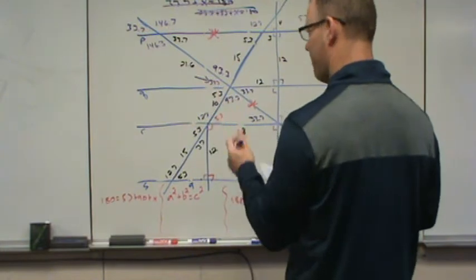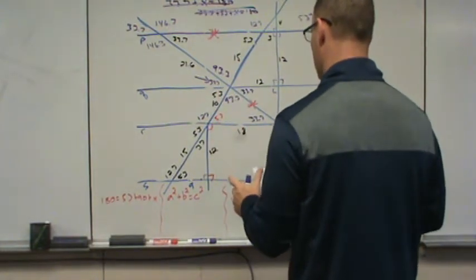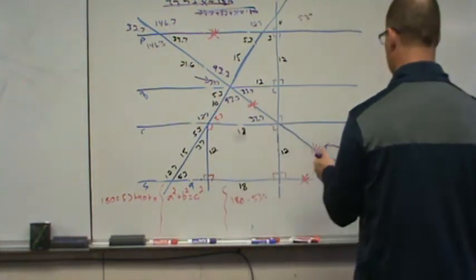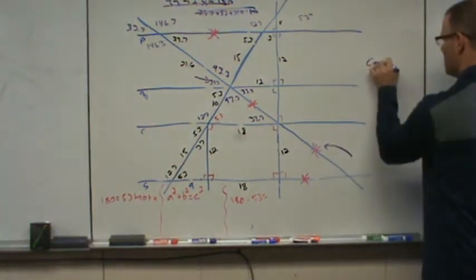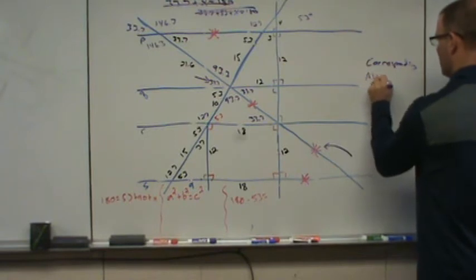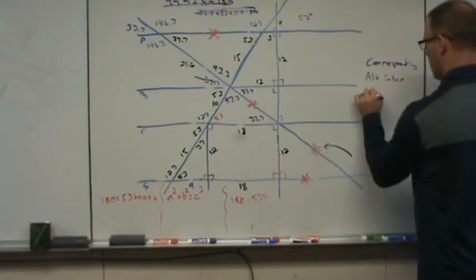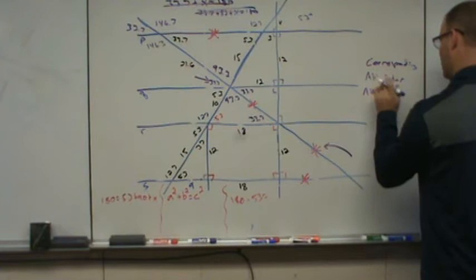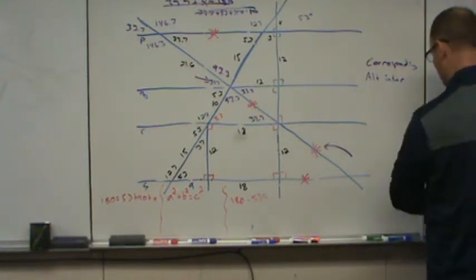Those things that we talked about, which basically is a basic three: corresponding, alternate interior, and same side interior. We didn't talk about alternate exterior.